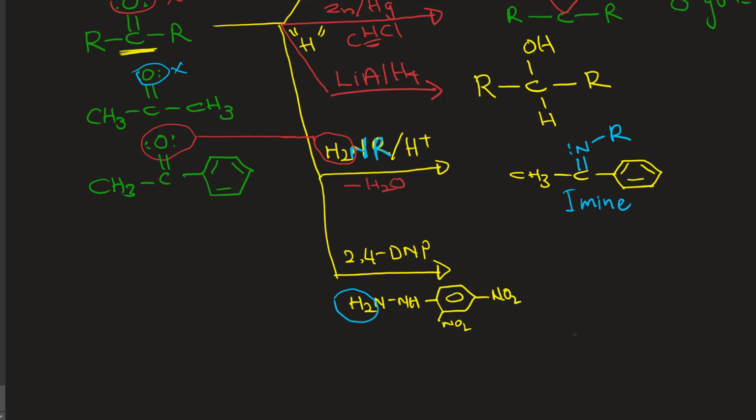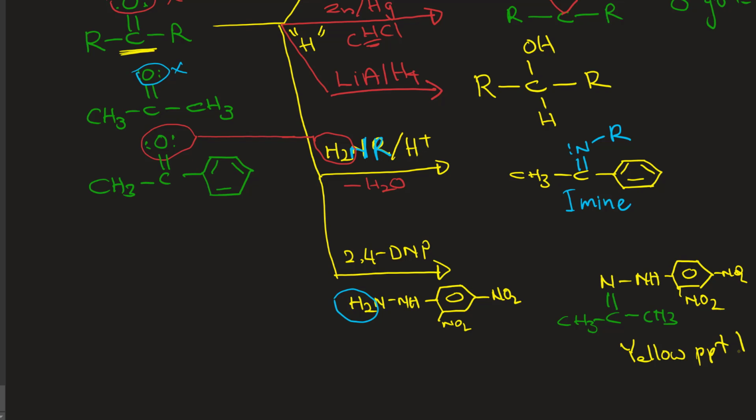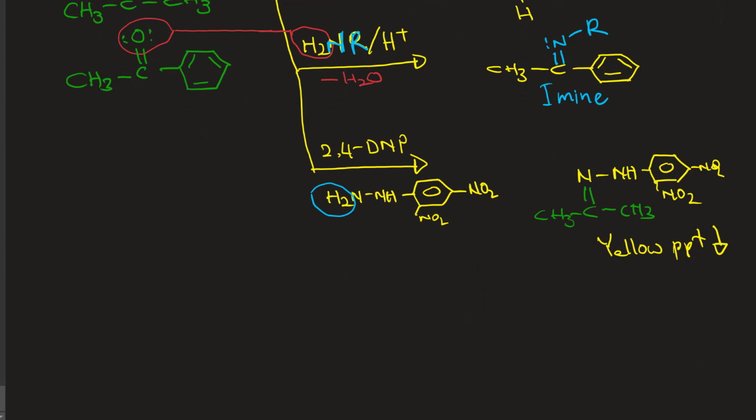These two hydrogens and the oxygen on the ketone go away. Then the double bond O is replaced by the nitrogen, the first nitrogen, right? Still the hydrazone is there, and this one will make a yellow precipitate. So that's the qualitative test. We can recognize by the color the presence of ketones.